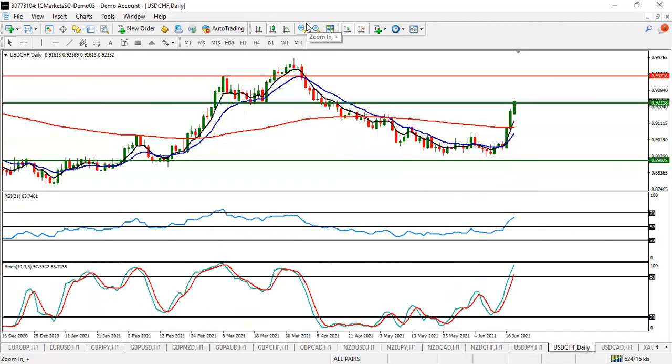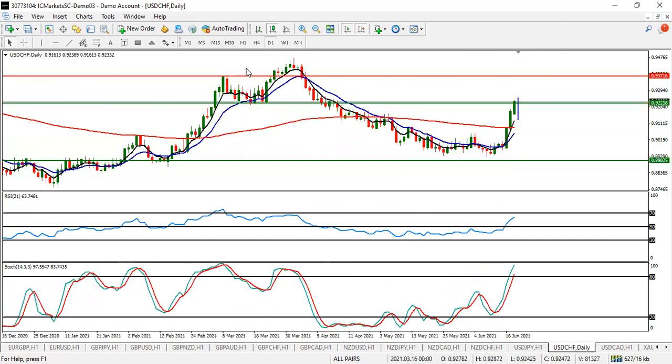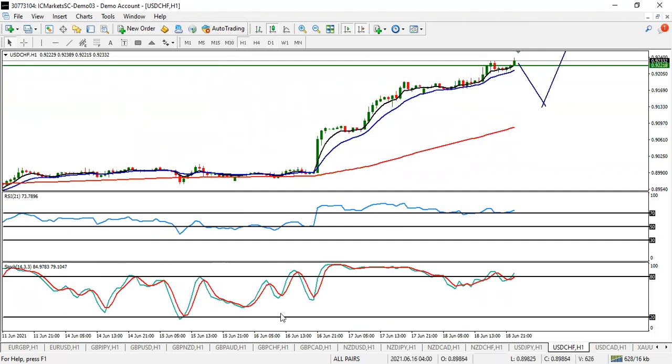The daily candle is trending to the upside with strong momentum. With this, we want to wait for a pullback. The proper pullback is the most important thing. Then take your buy trade to the upside and expect to catch out before the red resistance at 0.9371. So USD Swiss franc, look for a buy.